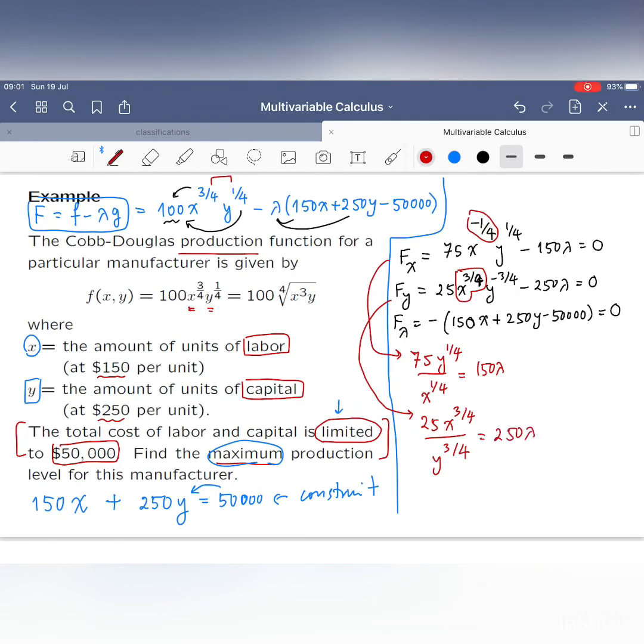So it seems that if you can flip this one, bottom and top, and then do the cross multiply, you see, your y with the y, your x with the x, all the fourth roots will be gone, right? So if you want to do it like that, you may think that this one can be written as y to the 3/4 over 25x to the power 3/4 equals 1 over 250 lambda.